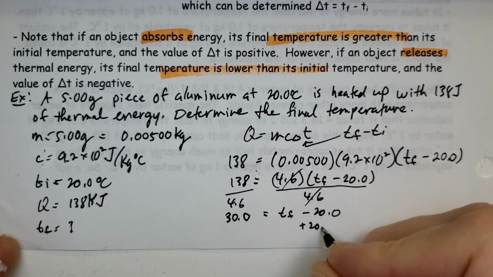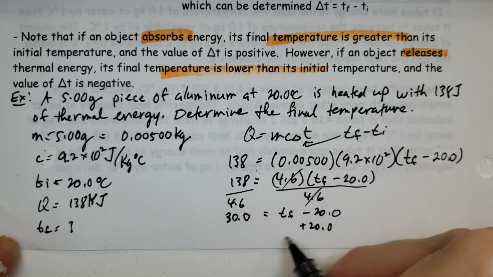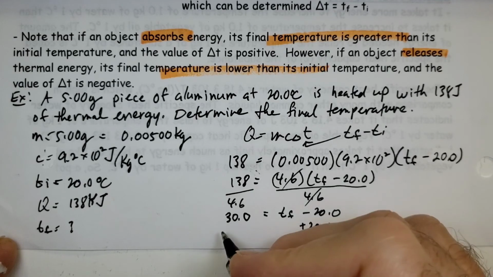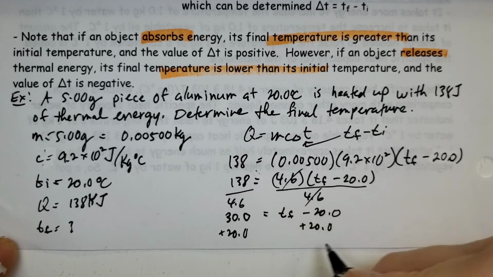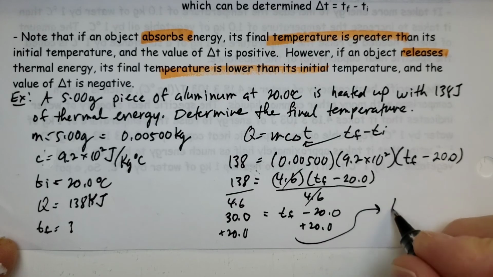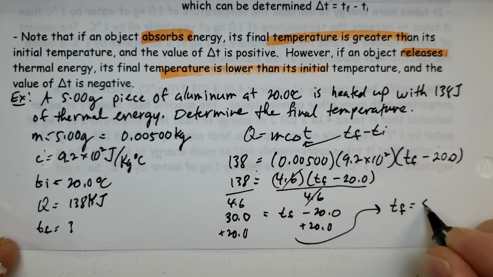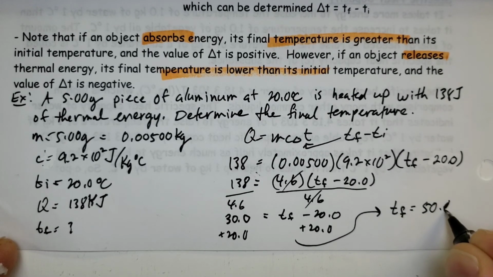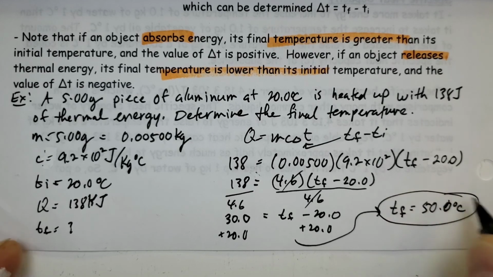Then it's Tf minus 20, so to isolate Tf, you had to add 20. Add 20, and Tf works out to be 50 degrees C. So it gives you an idea of how you rearrange that equation to solve for Tf.